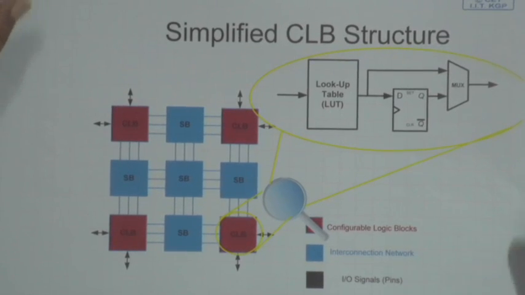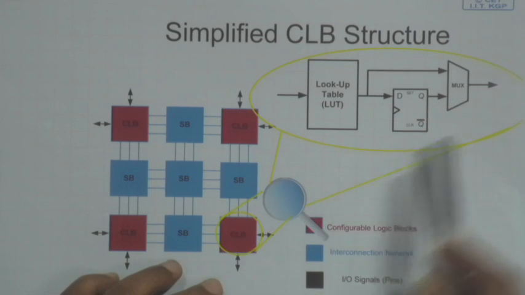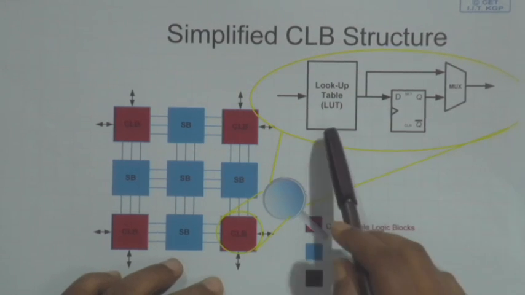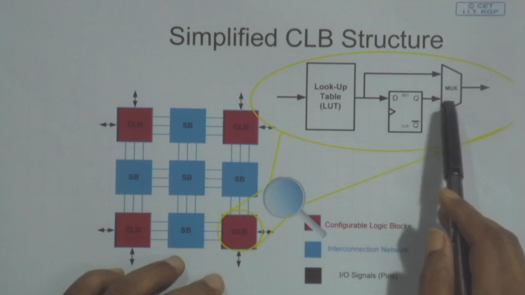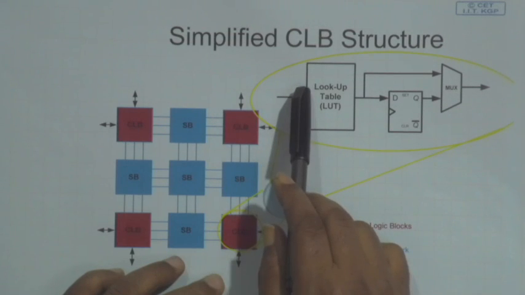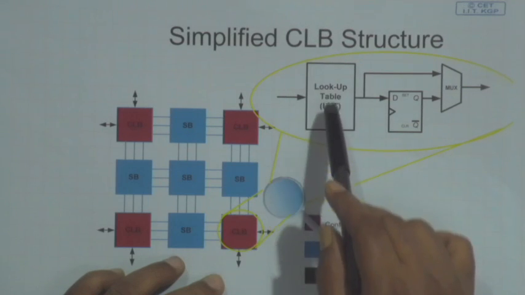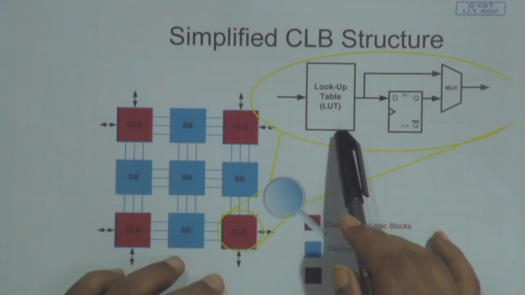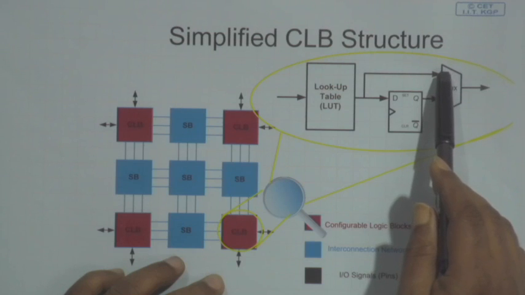So, here is again what we did last time. If we take a look at a simple CLB, configurable logic block, inside that it can be even more complex than this, but this is a simple one where we have got a lookup table, a D flip flop and a mux. The input will come as the input of the lookup table, which will be programmed with the configuration bits, and based on the input one particular location of the lookup table will be activated, and we will take that output and feed it to the mux.